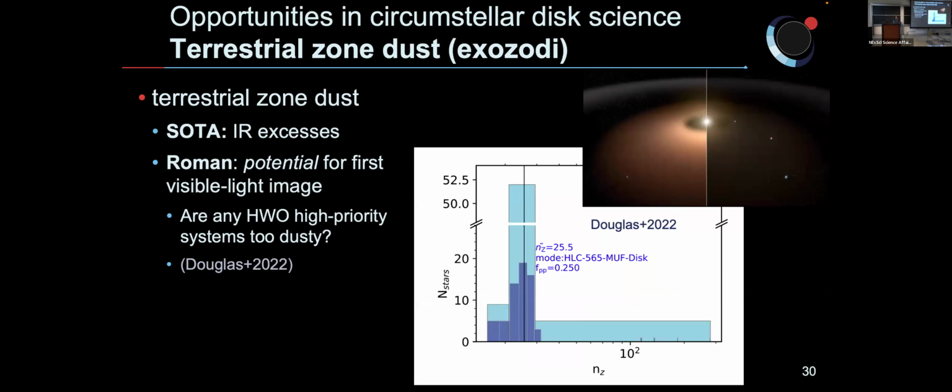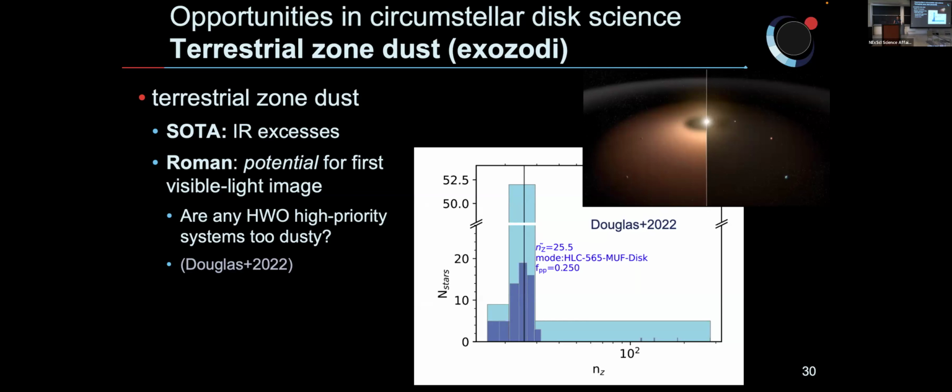And again, where we might really complement what's available right now is the sensitivity to terrestrial zone dust, or exozodi. One of the things that we worry about for a mission like Habitable Worlds Observatory is whether there's so much dust in the terrestrial zone that it might actually obscure the planets. That cartoon there is showing a dusty and a clean system.